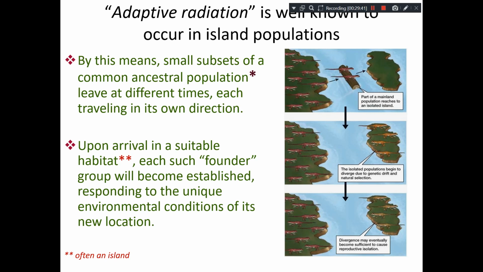Migration is a usual phenomenon from time immemorial. So when a small subset of a common population gets separated from the main population, this separated group will reach a suitable habitat and establish themselves. This is what we call the founder group, and they get colonized, responding to the unique environmental conditions.